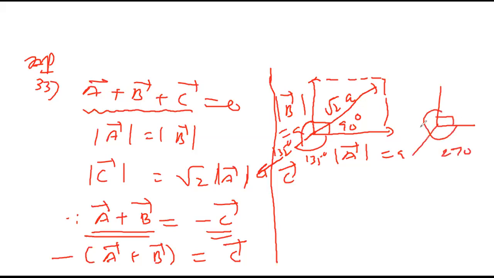The bisector will become 135, 135. So the answer will be 90, 135, 135, which by mistake we may write as 45, 45 and 90. So the correct answer is B. In the printing it is B, it should be D.